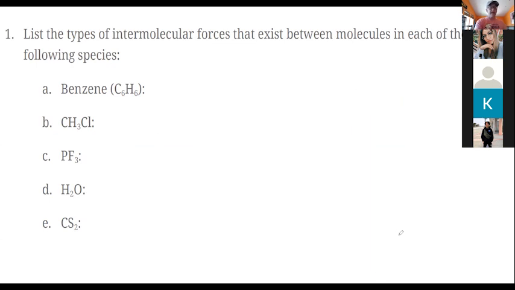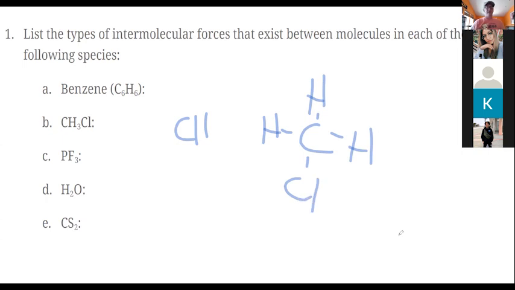So let's have a look at the next molecule. Let's just draw it out. Here we have chloromethane. What kind of interactions would chloromethane have with another chloromethane molecule?